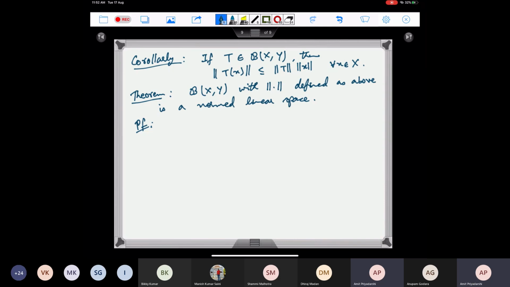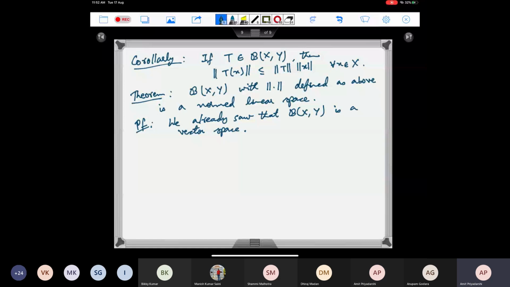We have already seen that this is a vector space, with the usual addition and scalar multiplication. And to show that this is a normed linear space, we have to show that this norm satisfies all the properties of a norm.